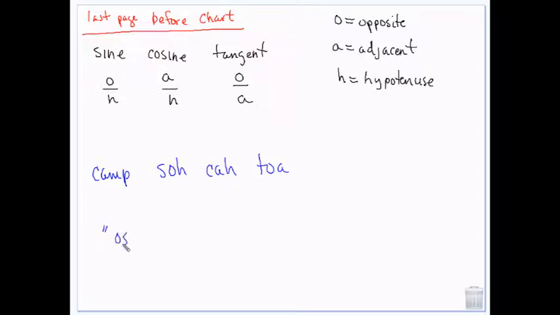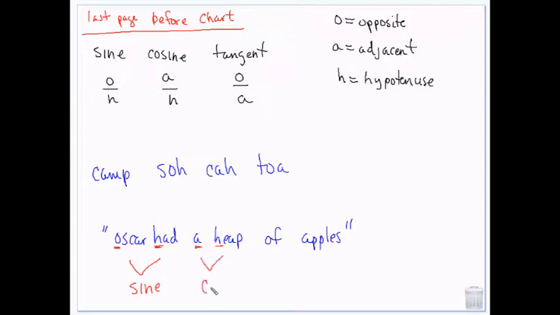The other thing is a sentence. Oscar had a heap of apples. This one I don't think is as useful, but you have opposite over hypotenuse, and you have to remember that sine is first. Then you have adjacent over hypotenuse, and you have to remember that that's cosine.